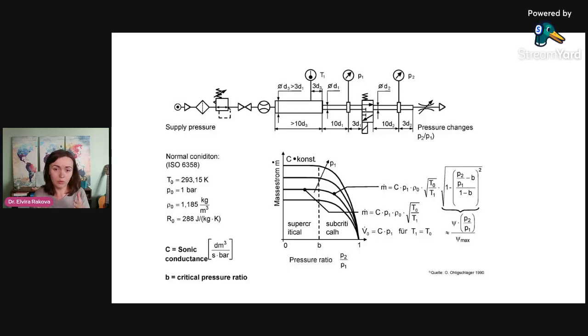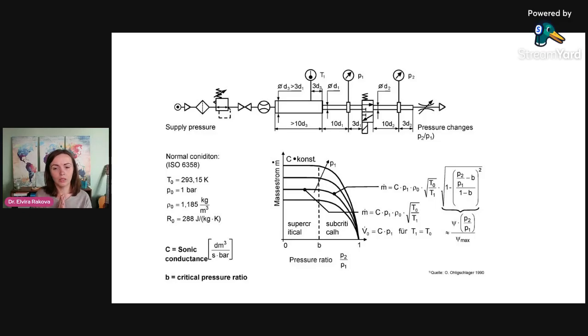The bigger straw you get, the bigger capacity it has. And this capacity does not depend on the pressure. The capacity is not the volumetric flow that depends on the pressure. The capacity is the maximum mass flow rate, the maximum mass amount of molecules that can pass through that. And this we call a sonic conductance.